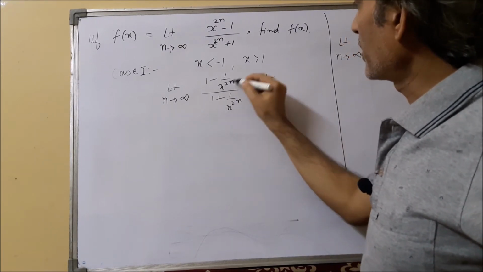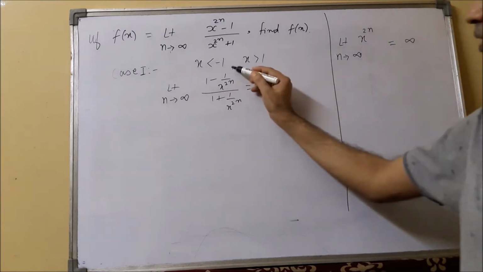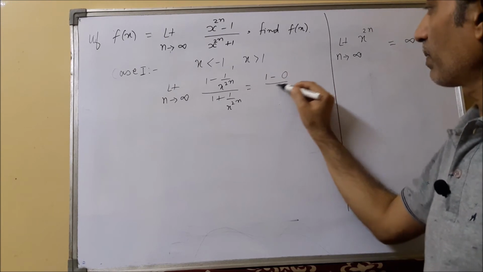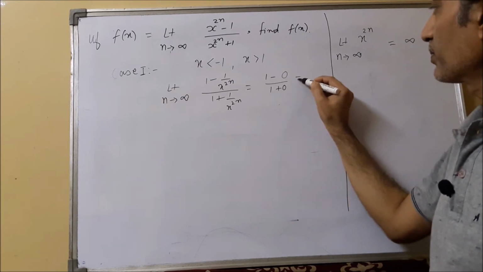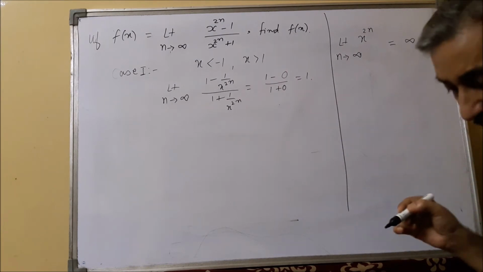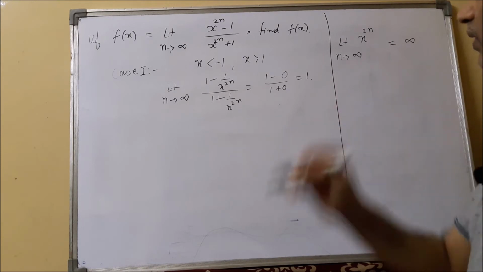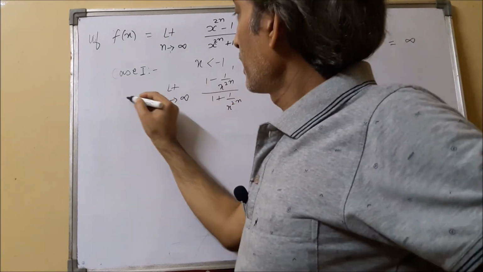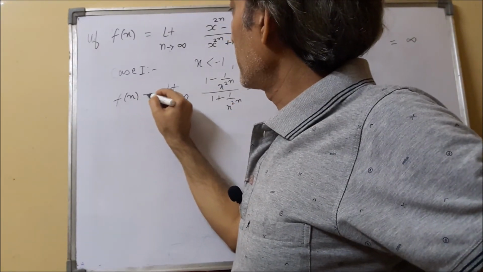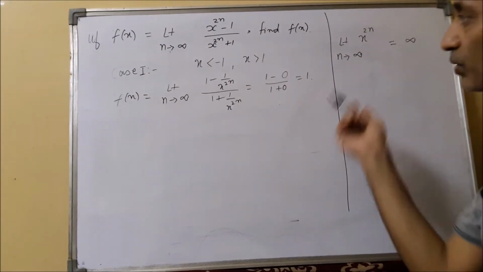So 1 minus this thing, as this thing will approach to infinity, 1 upon infinity is 0. So in the first case, when x is less than minus 1 or x is more than 1, we are getting f(x) equal to what? 1. So our f(x) is 1 when x is either less than minus 1 or more than 1.